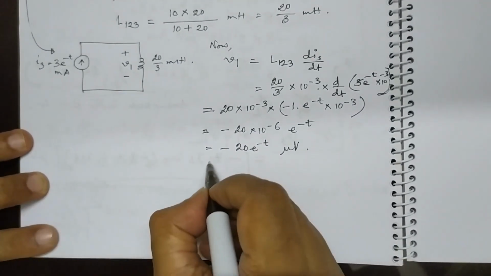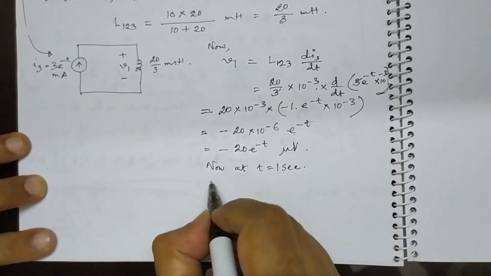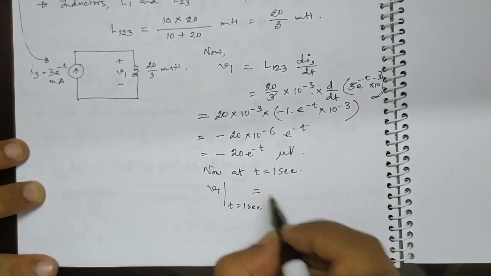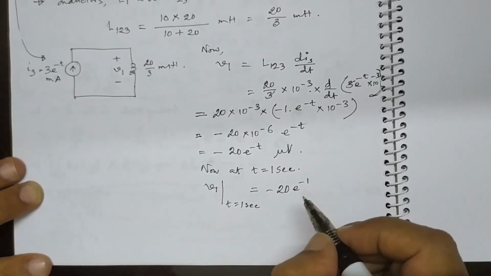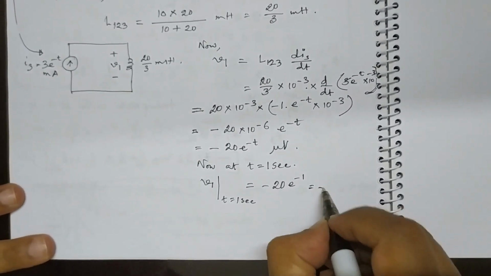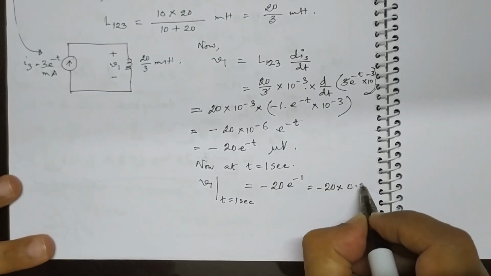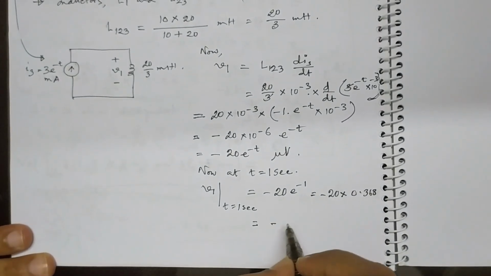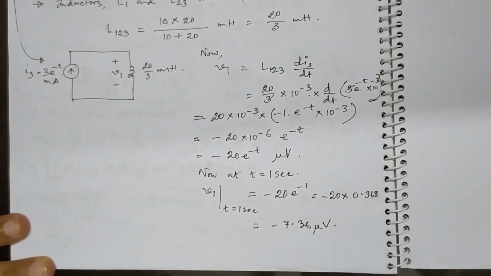Now, V1 at t equal to 1 second, we can just put the value t equal to 1, which would give us minus 20 into e to the power minus 1, which is 0.368, which gives us minus 7.36 microvolts.